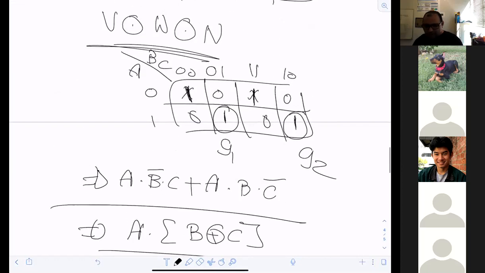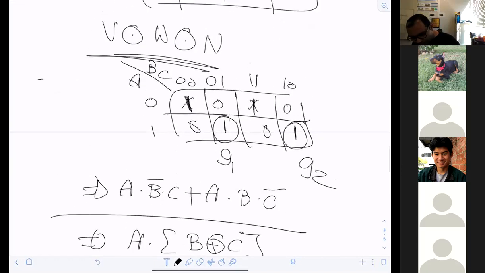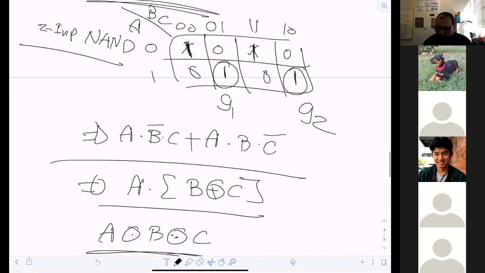If I tell you this circuit will be built using 2-input NAND gates, then you have to convert everything to NAND, and then check the critical paths and the power coming out of every single node. From there, you can decide which one is the best. You agree? Yeah, that makes sense.